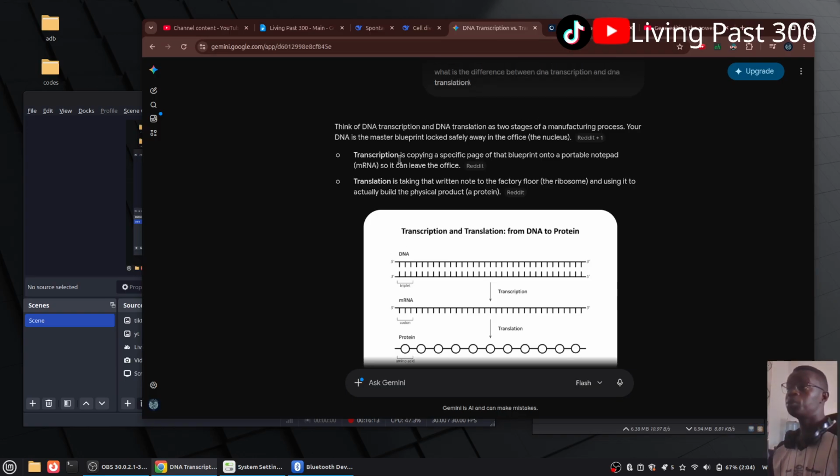So transcription is making the messenger RNA, and translation is basically taking that messenger RNA and making a protein. So now I think it makes sense.